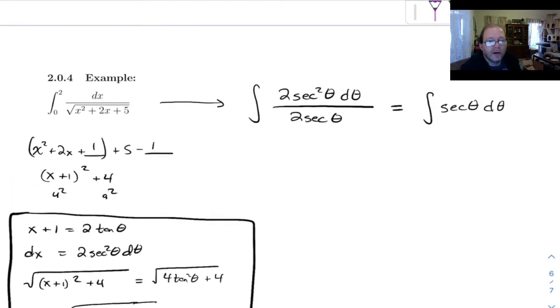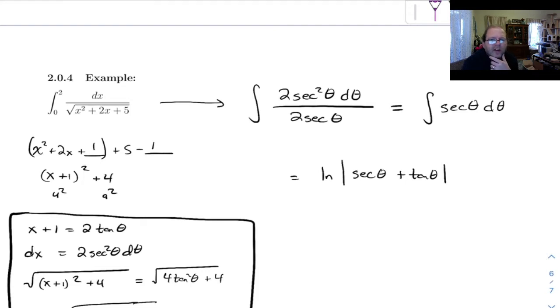And we know how to integrate that. It's from our formula sheet, it's natural log of secant theta plus tan theta. And then it would be plus c, but we've got endpoints on here.